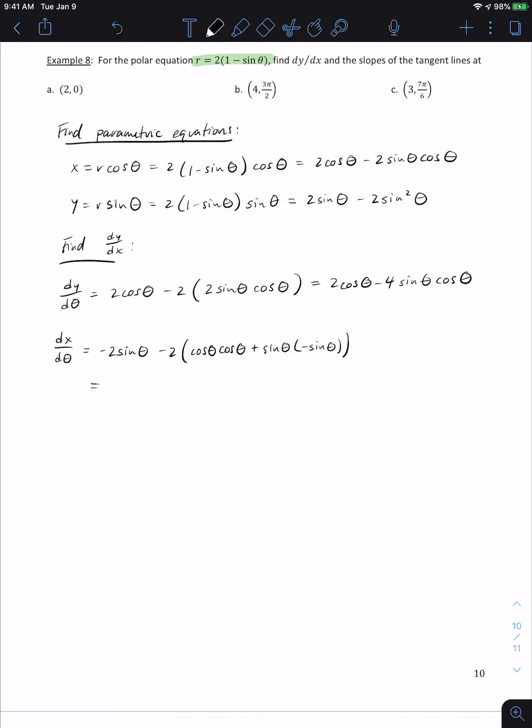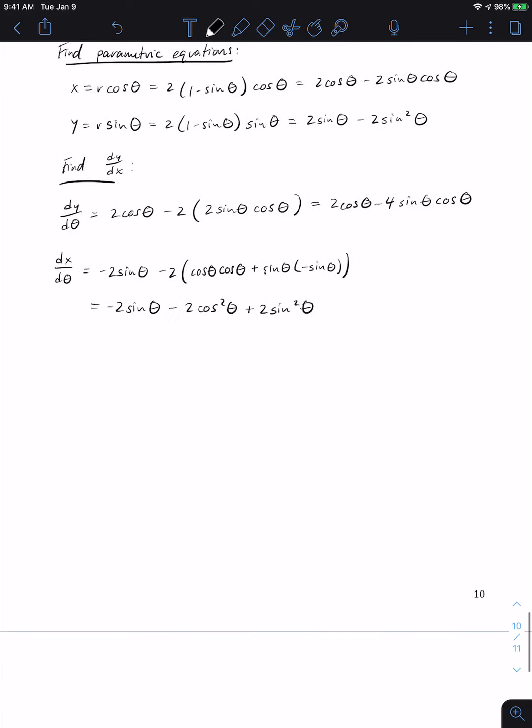So I end up getting minus 2 sine theta minus 2 cosine squared theta, and then minus minus, that's plus 2 sine squared theta. Again, I can't make this 1 because I have a minus sign there, so I just have to leave it.